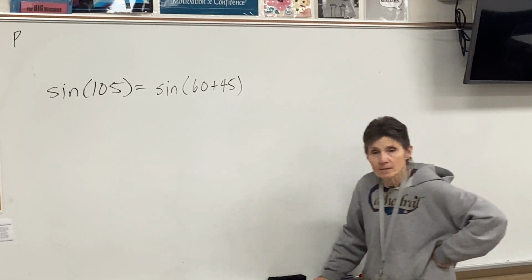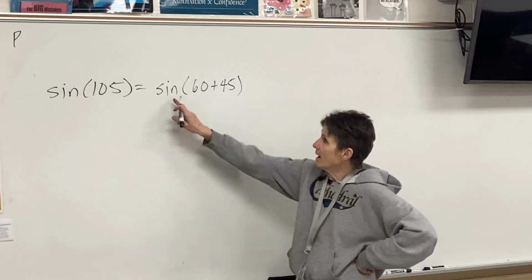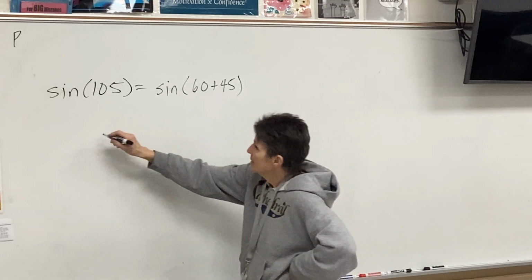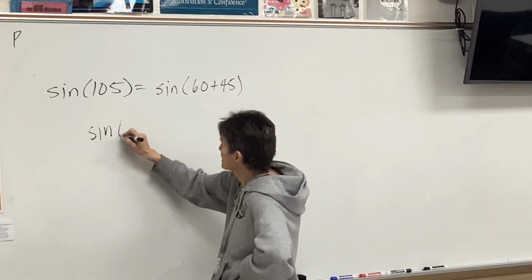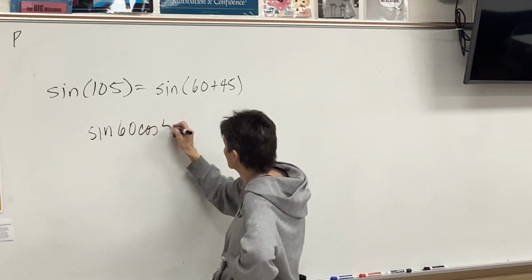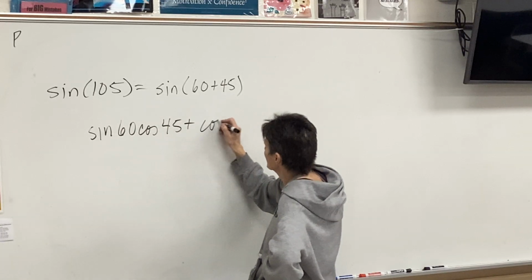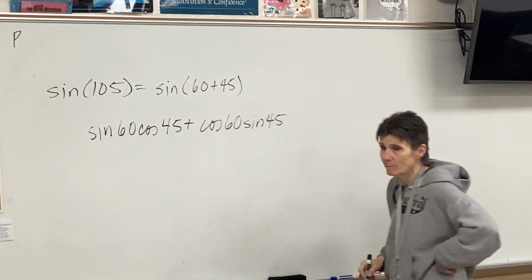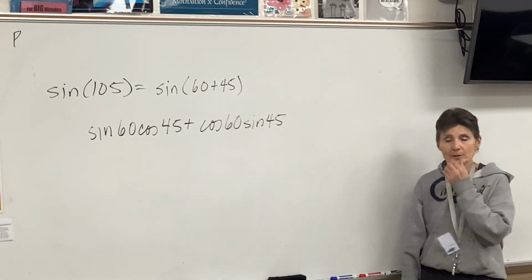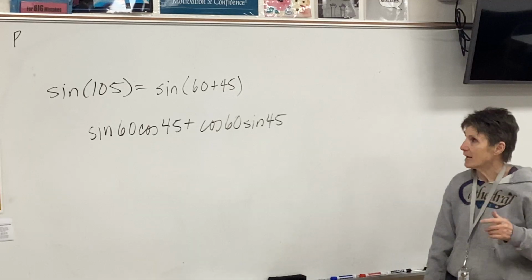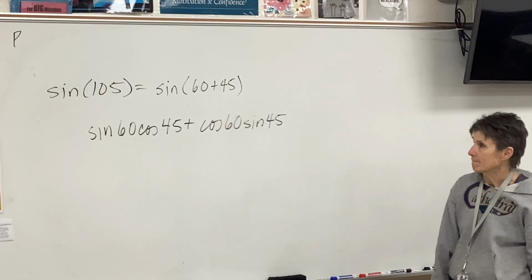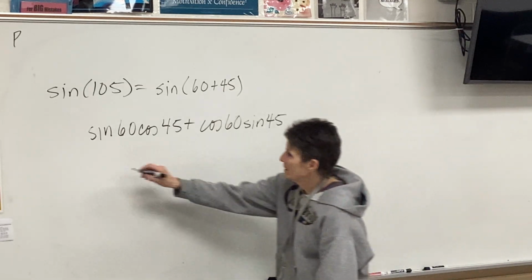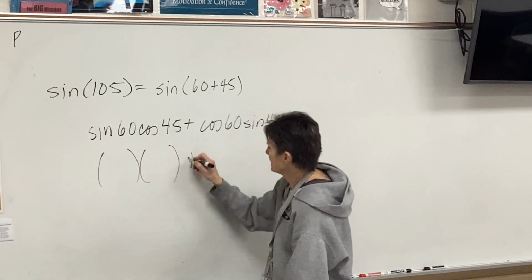All right. Sine U plus V. That's going to be sine 60 cosine 45 plus cosine 60 sine 45. That's my formula straight off my reference sheet. All right, so I'm going to have 4 things again.